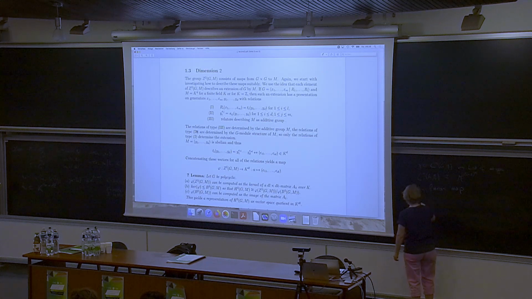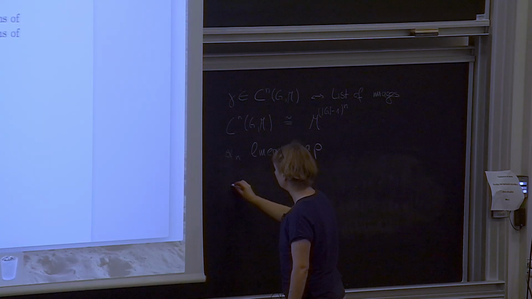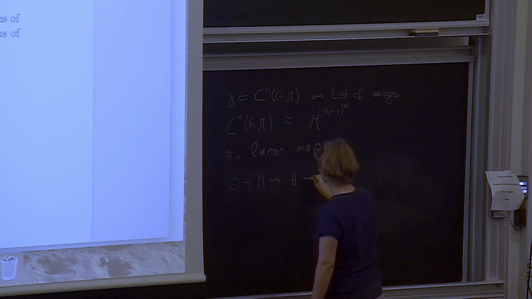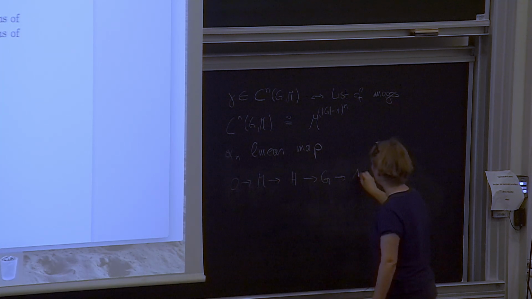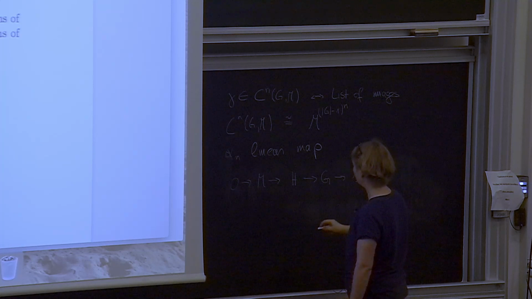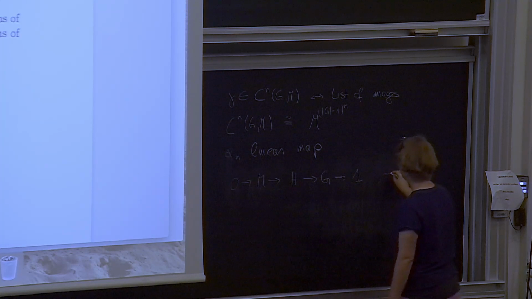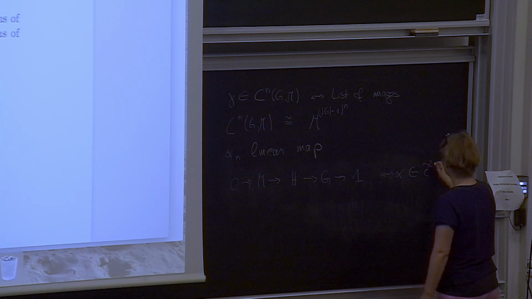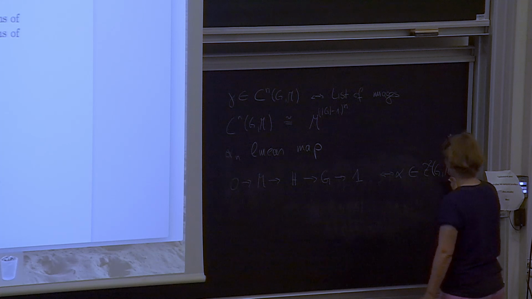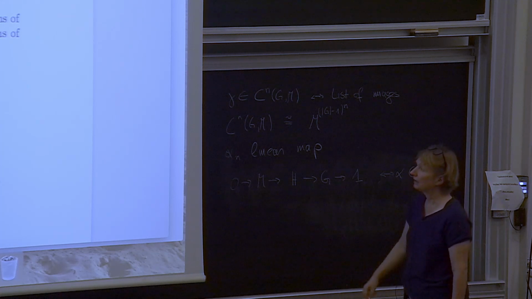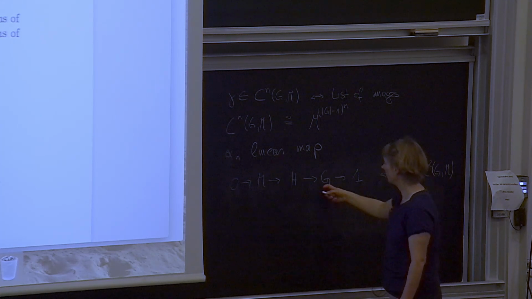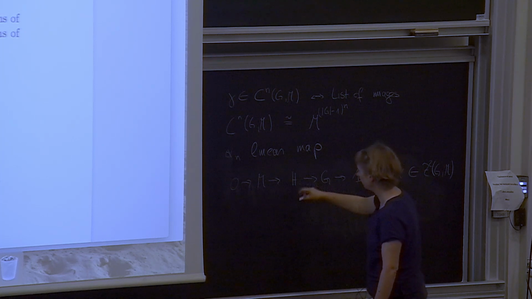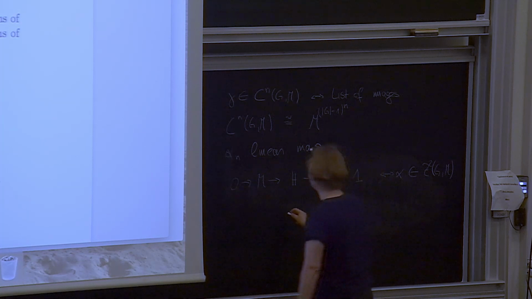Now, the cocycles correspond to extensions. So I have something like 0 goes to M, goes to an extension, goes to G, goes to 1. And this corresponds to a cocycle in Z2(G,M). And if I look at extensions of this finitely presented group by this module, then I can describe them by generators.